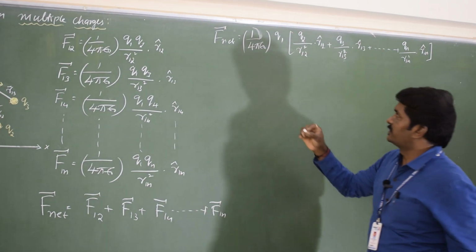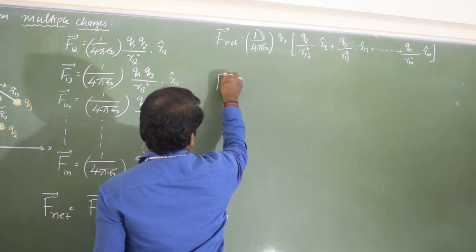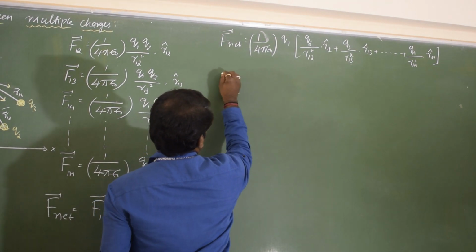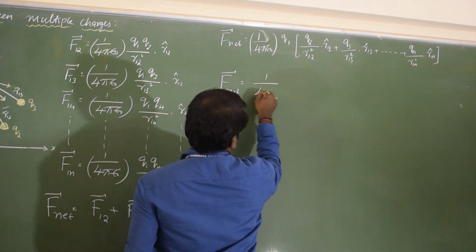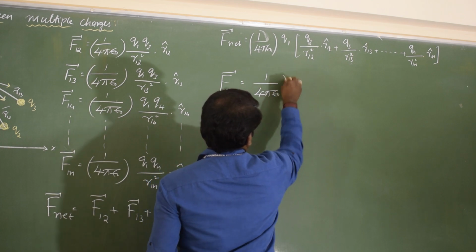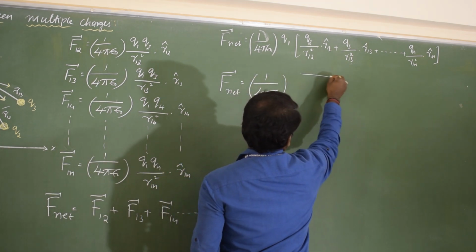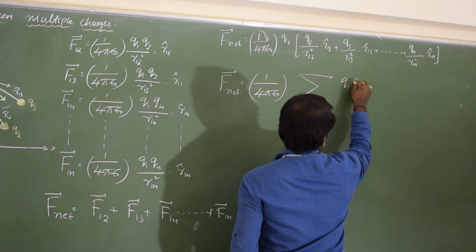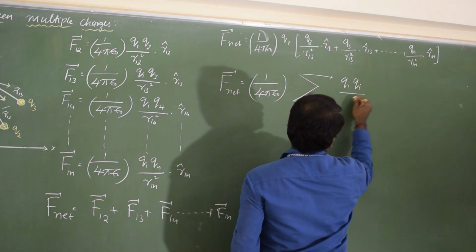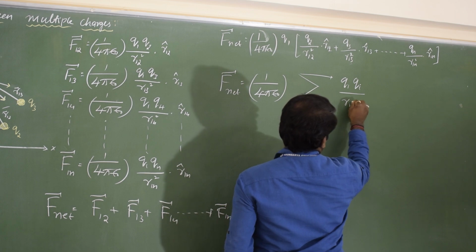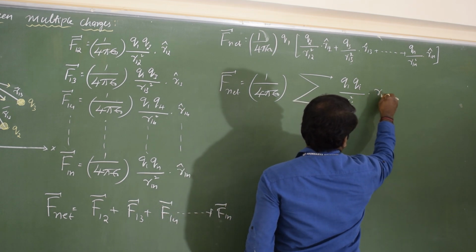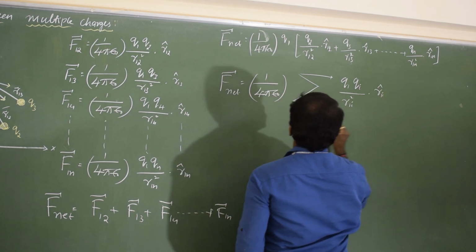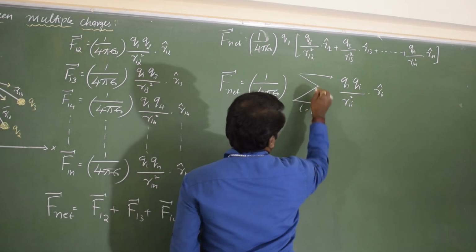So in this expression, we can take the summation of all those things, that is Fnet is equal to 1 by 4 pi epsilon naught summation of Q1 Qi divided by R1i square into R1i cap, where i varies from 2 to n.